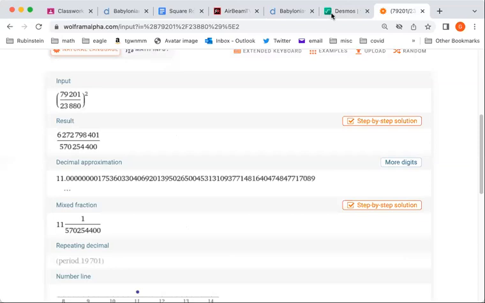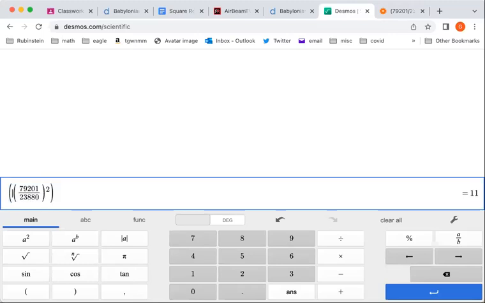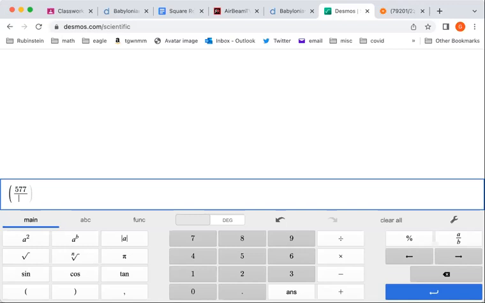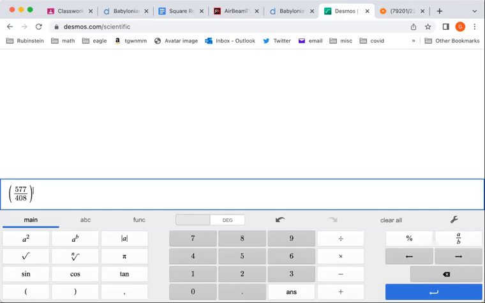If I come over here onto the Desmos calculator and do 577 over 408, and I square it, you can see it's very, very close to 2. 577 over 408 as a decimal is 1.41421568627.